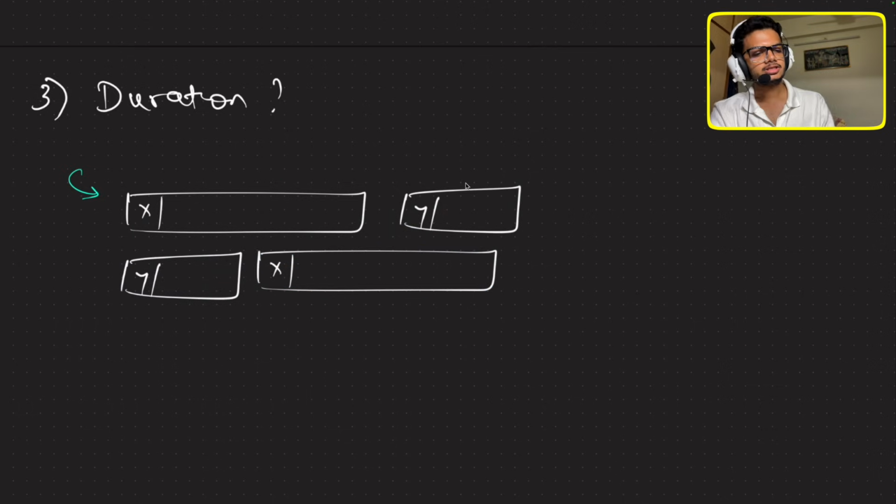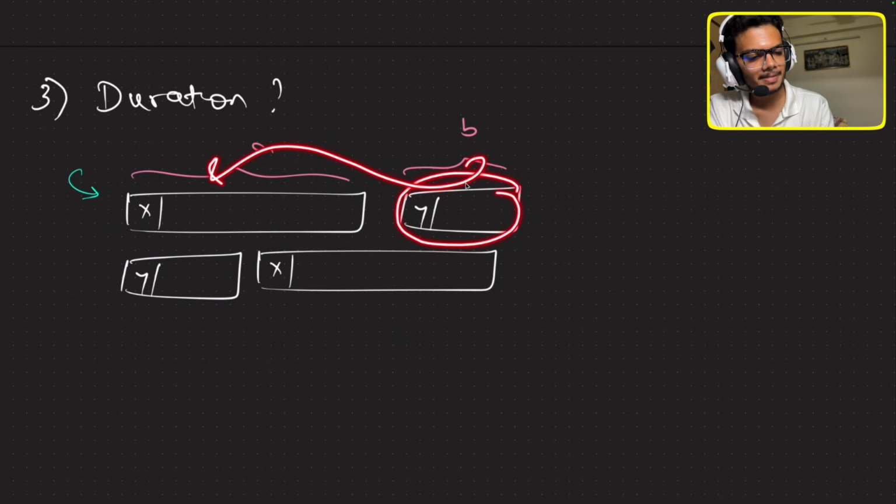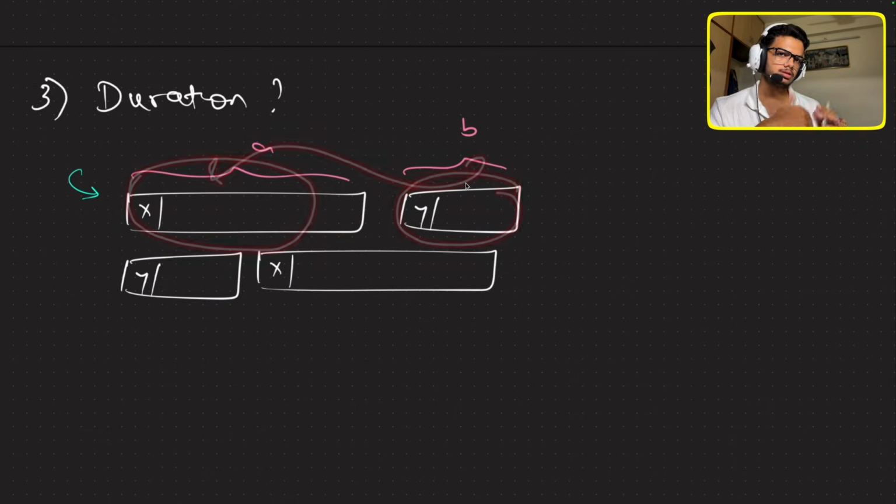Right. So what just happened here? Let's say the duration here was A and duration here was B. Now, in your schedule, if you have a larger duration task before a shorter duration task, if I just swap it, what happens, guys? This guy got shifted back by A, right?